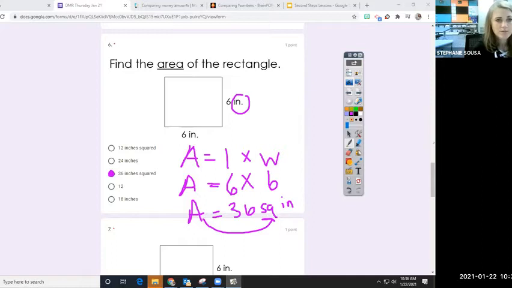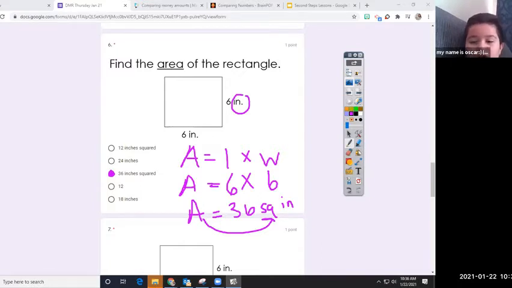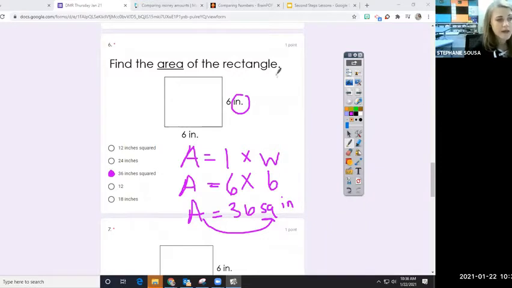Oscar, a question. So I kind of get it, but like, do you need to like add it, like the 6 inches, or times it? Like, for the area, you multiply. Area is multiplication. We're getting ready to look at perimeter, and perimeter is adding.